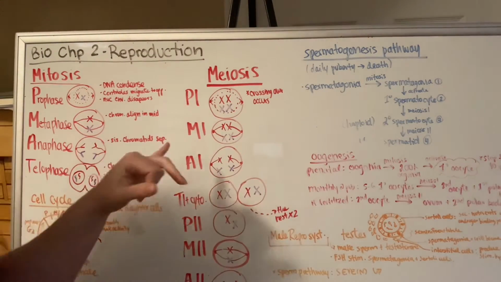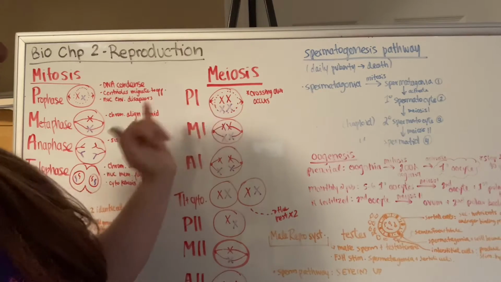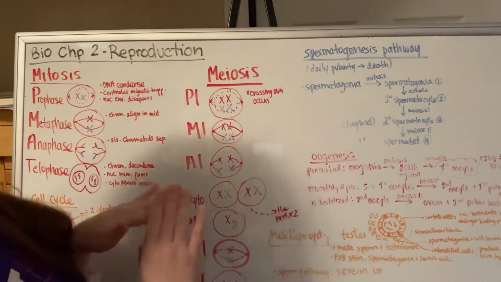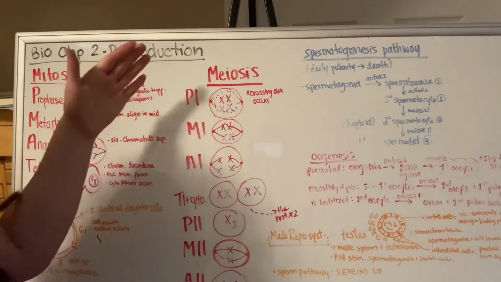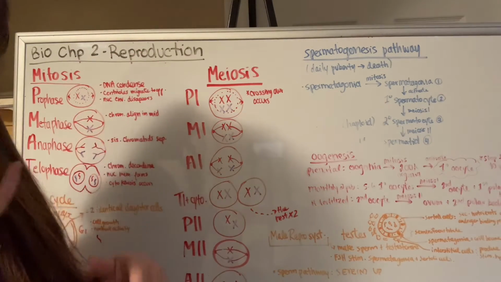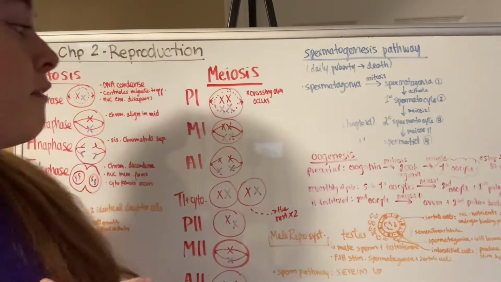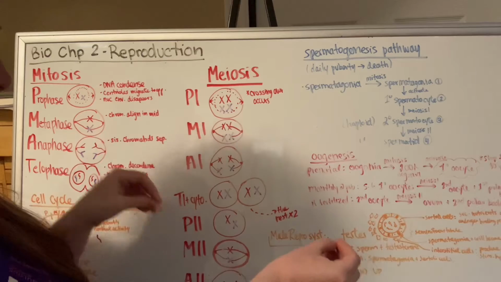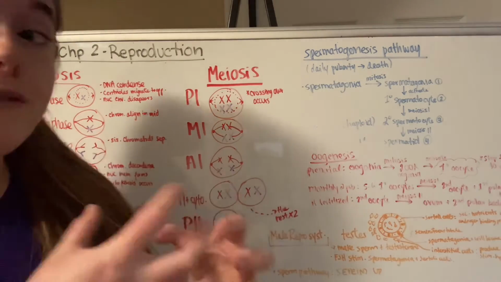And so what happens is that the first part of this, the P1, M1, A1, and T1, is the reductive division, because we're reducing the amount of chromosomes we have. We can't just go straight into producing daughter cells because they already have too many chromosomes.